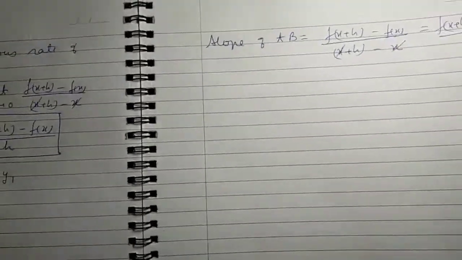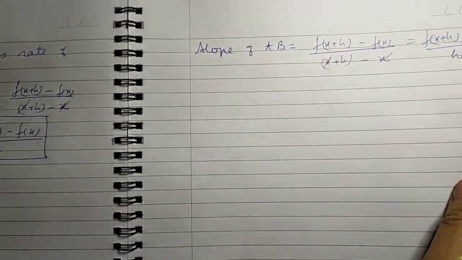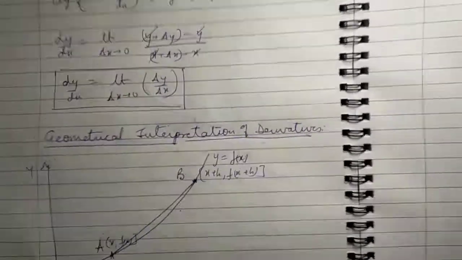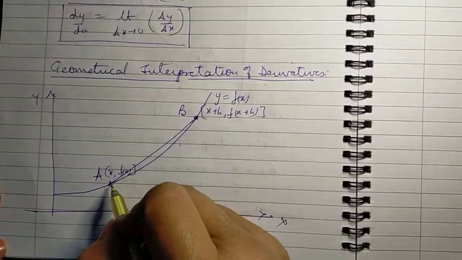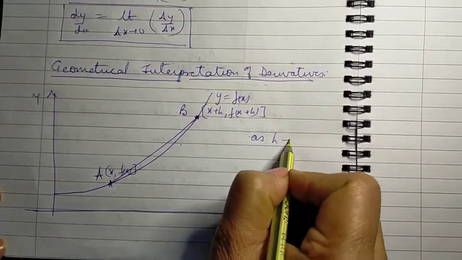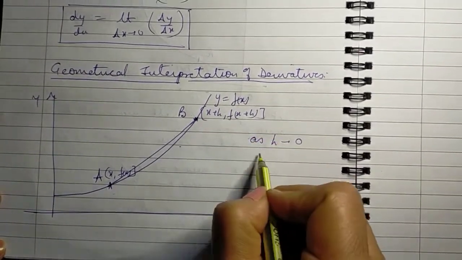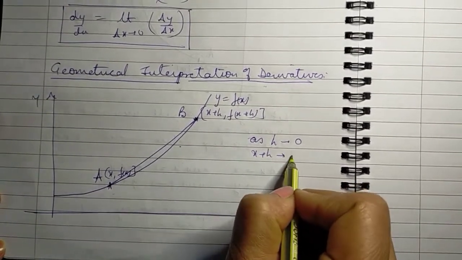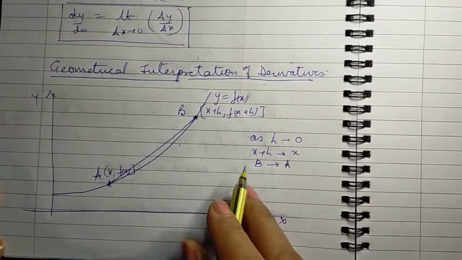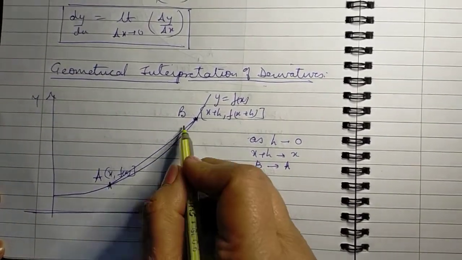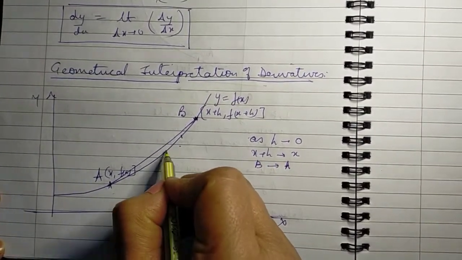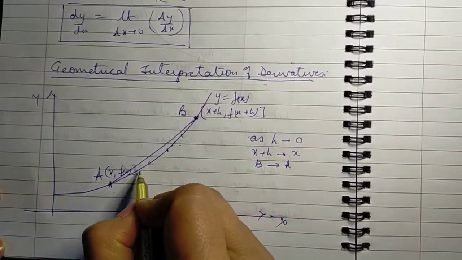Now, but derivative is not this. Derivative is the instantaneous rate of change. So how will you get it? As h approaches 0, x plus h will approach x, and so B will approach A. Obviously it will not approach A along the line, it will approach A along the curve.